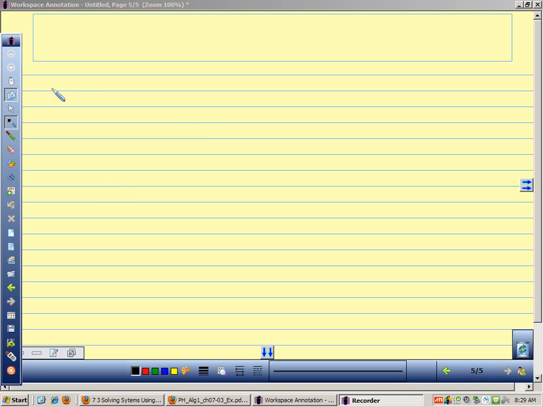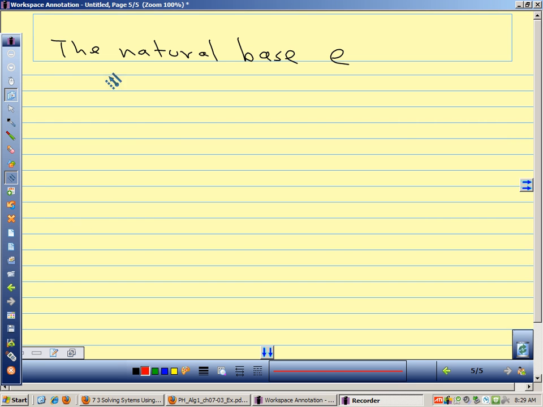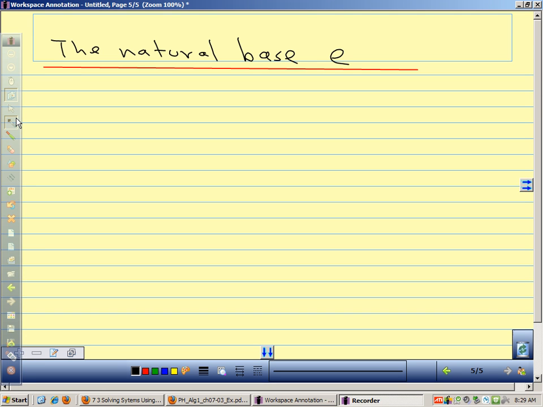One important concept with exponential functions is called the natural base. And the natural base is a very important number in mathematics called e. This number originally was discovered when people were calculating tables of compounded interest.